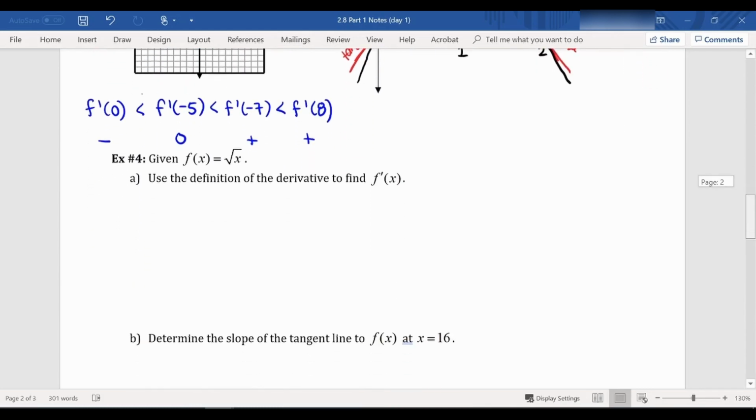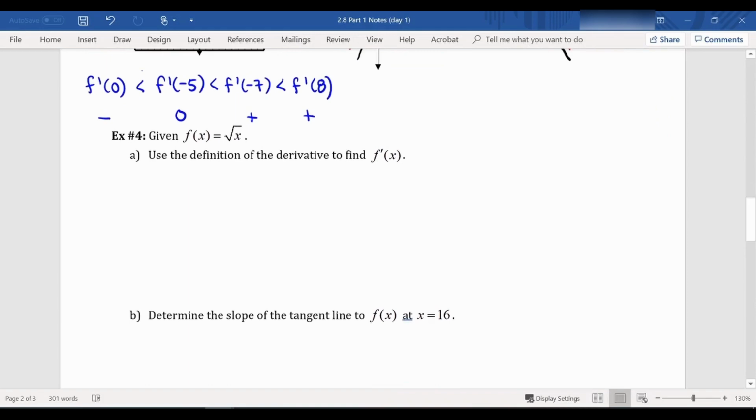All right, we're going to try another definition of a derivative question that is a little bit trickier, that's going to review some of our other skills we have from chapter 2. So we know that f prime is equal to the limit as h approaches 0 of f of x plus h. For us, that would be root x plus h minus f of x, which is root x, all over h.